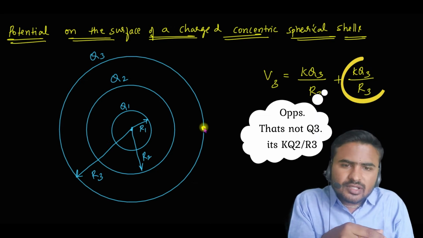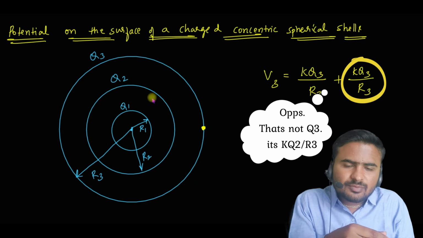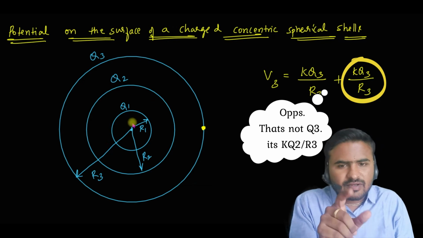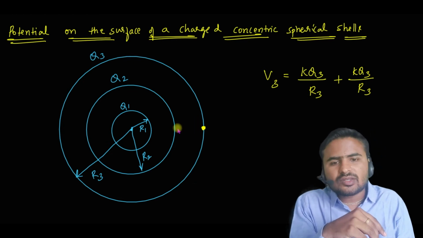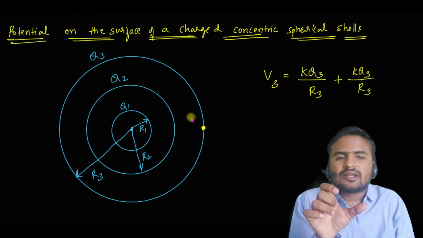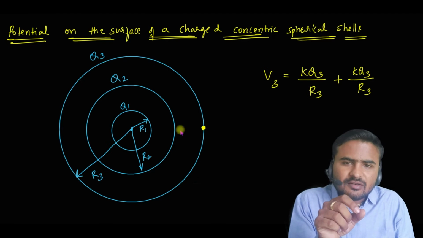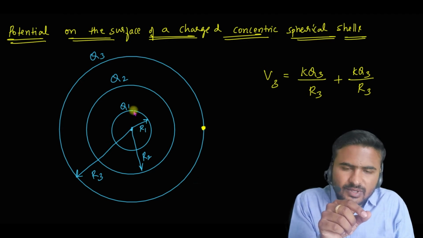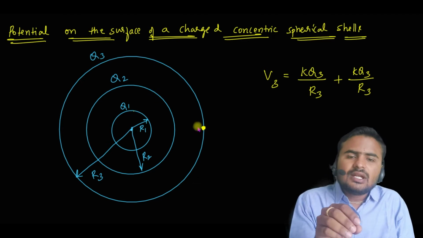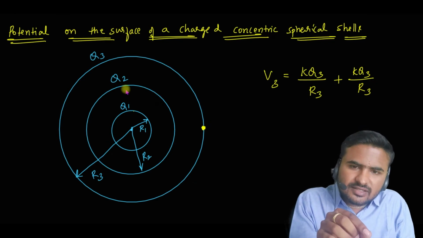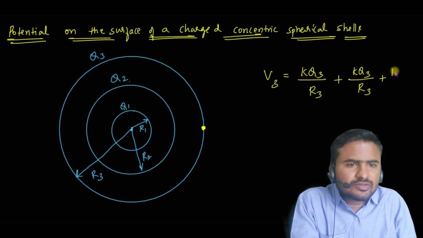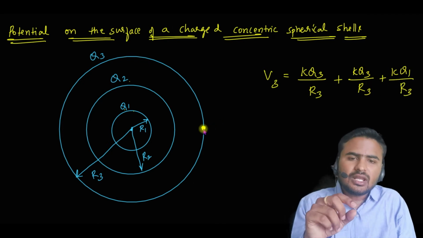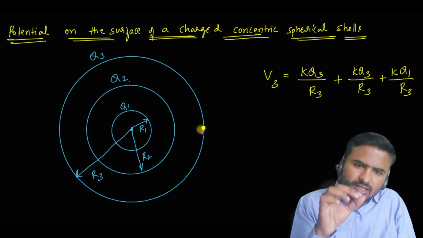This point is outside the second sphere and also outside the first sphere, and potential everywhere outside is kq by r, while on the surface it is kq by the radius R. Since I am at a distance of r3 from the center of the first and the second spherical shells, the potential at this point due to the charges on them will be kq2 by r3 plus kq1 by r3. So this is the potential on the surface of the third sphere.